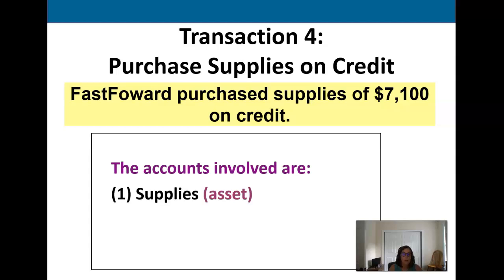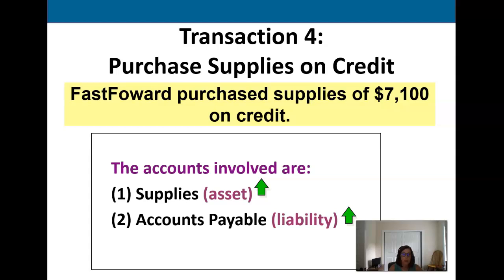So our supplies are going to go up, and now we're going to owe some money. We're going to have a liability, and that's going to be called accounts payable. And the balance in that liability account is going to go up as a result of having made that purchase. Remember, our cash hasn't been touched yet. We just bought the supplies and owe the money.